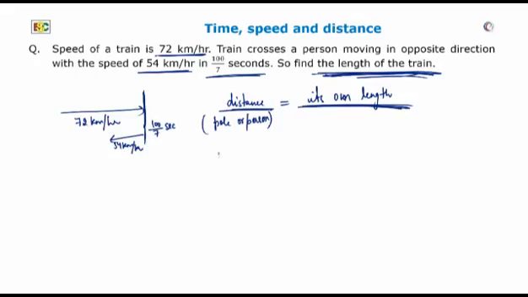So, we know distance is equal to speed into time. So, we have to calculate the speed and time for finding the distance, and time is also given in the question, that is 100 by 7 seconds.